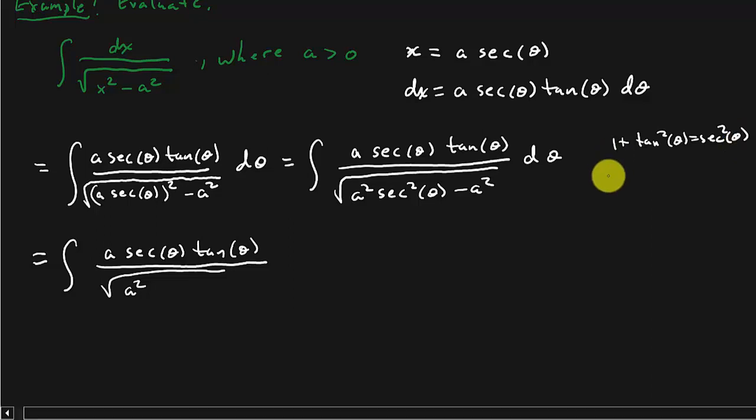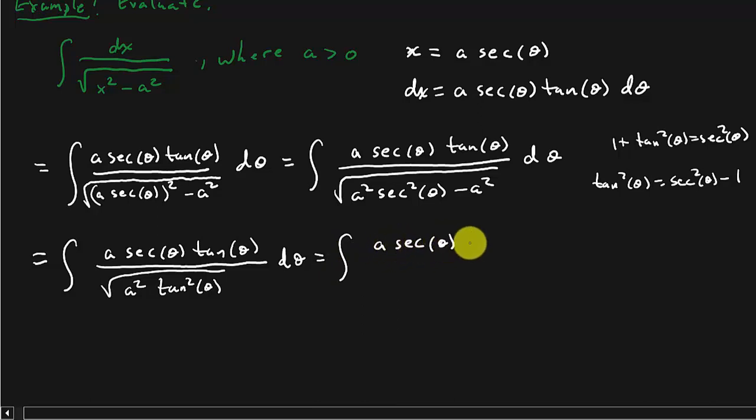You see that? Well, what is this? Tangent squared is equal to secant squared minus 1, right? See, factor out the a squared. I'm left with secant squared minus 1. Secant squared minus 1 is tangent squared d theta.